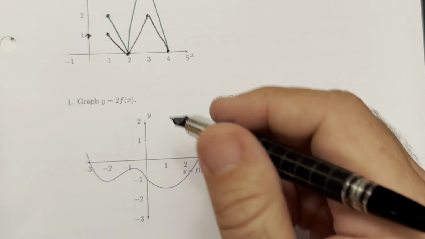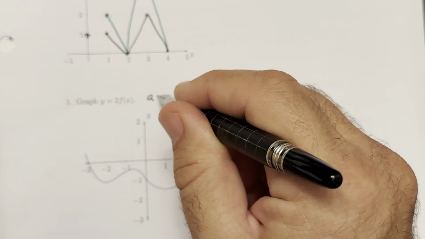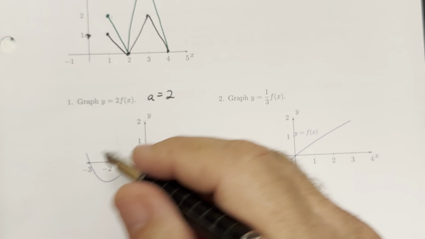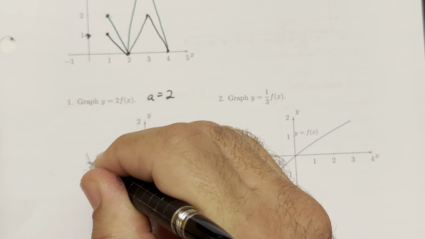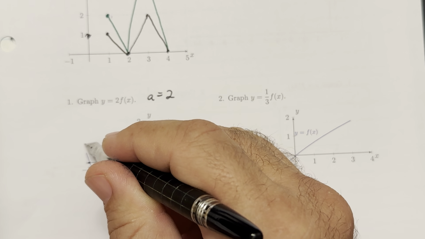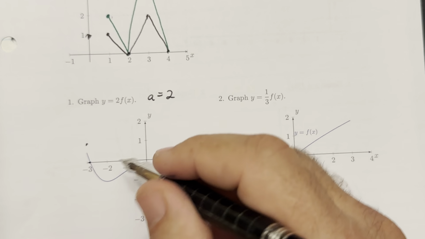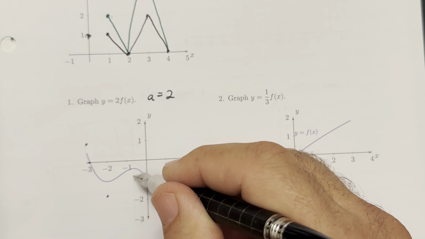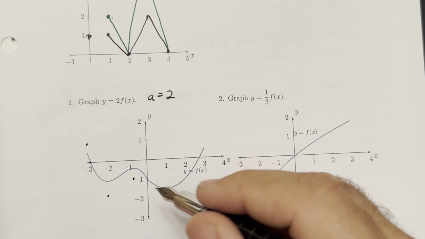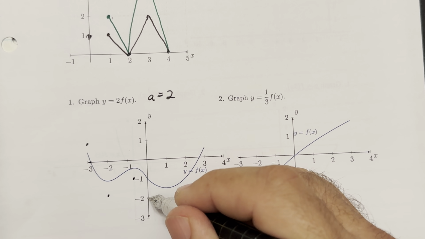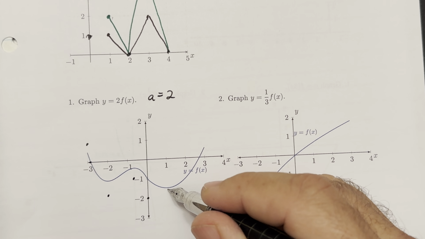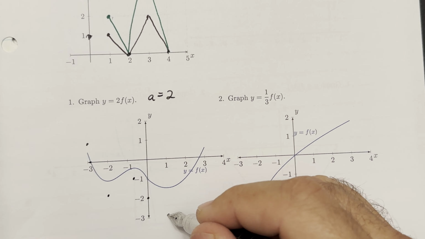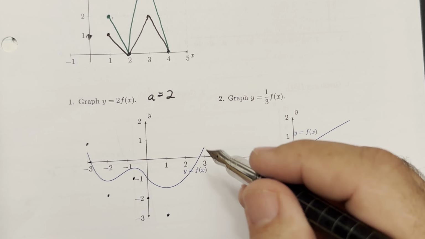So here, a equals 2. So again, when we go through, we stay put. Here we just go through. Since it's 2, we're just doubling the distance. And I'm just kind of eyeballing this, just what's about double the distance. So it's 1.5. That goes all the way down to 3.